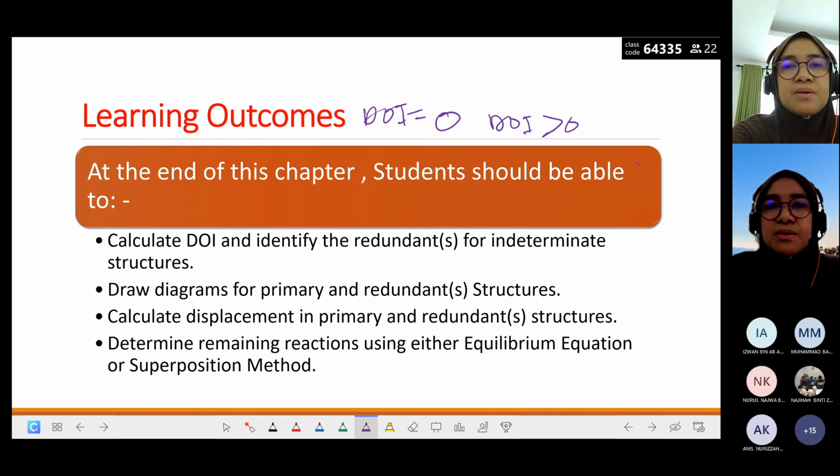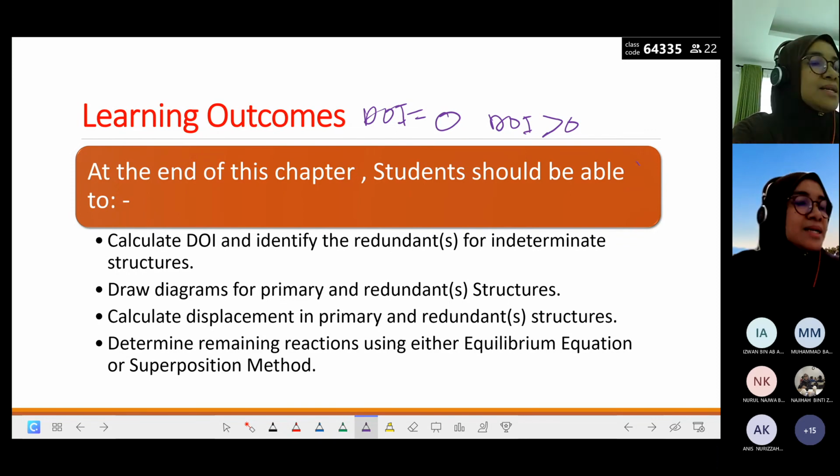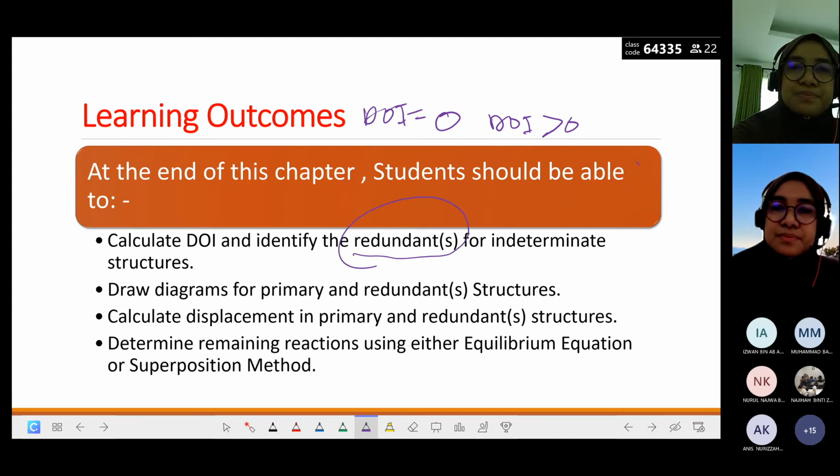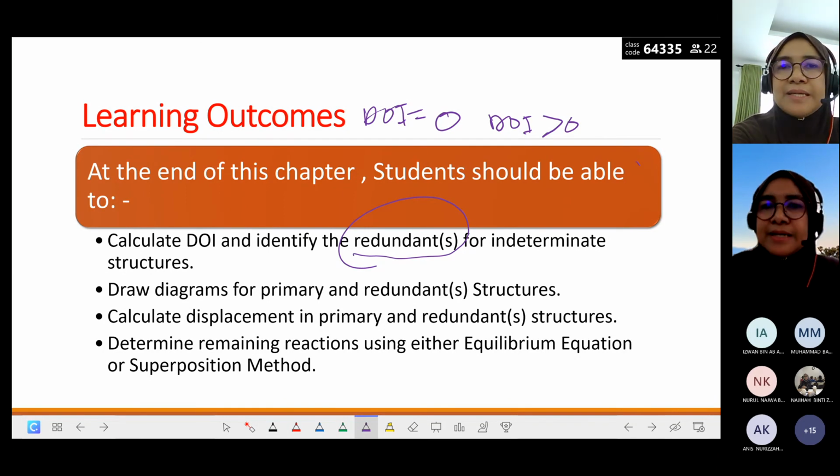Actually, the degree of indeterminacy represents redundant in the system. I want you to try to understand what is actually redundant.